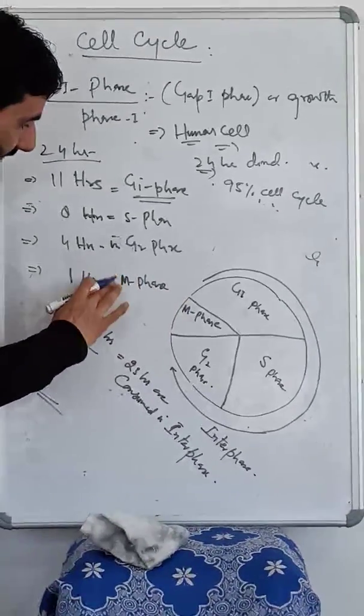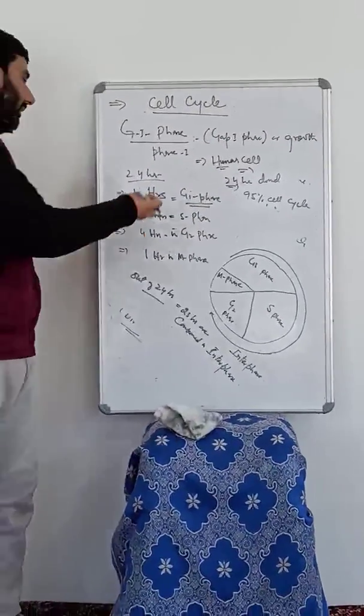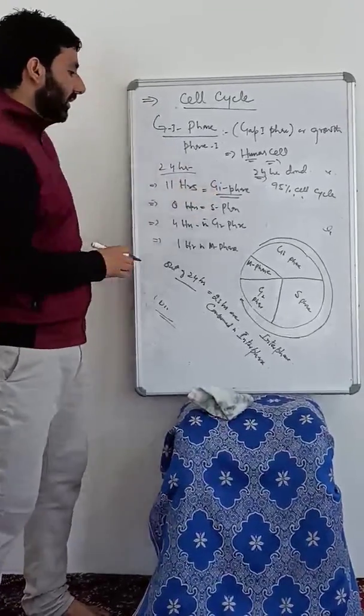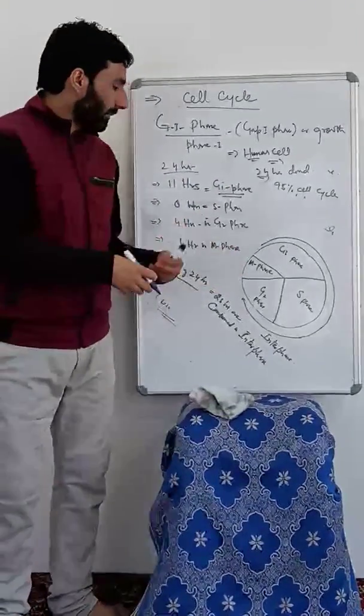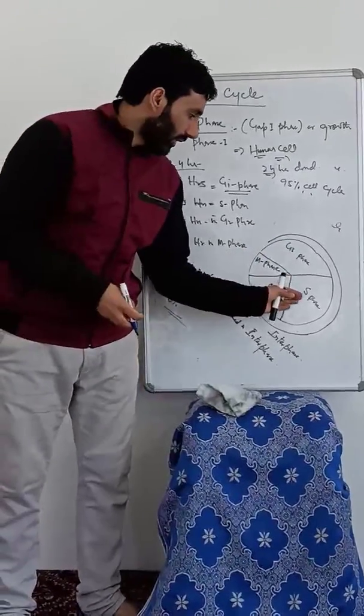So we can say most of the time which the cell utilizes in the interphase, especially the G1 phase, is the longest phase of the interphase. All the preparations have to be done in the G1 phase for the S phase to commence.